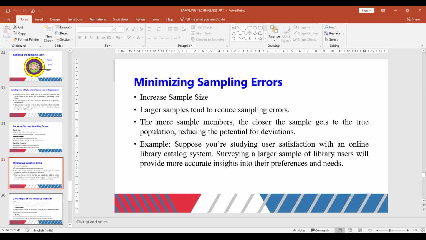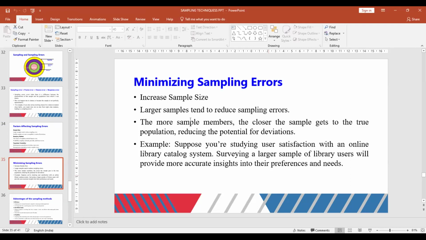Another example, if you see in this slide, suppose you are studying user satisfaction with the library catalog system. Surveying a large sample of library users provides more accurate insight into their preferences and their needs.